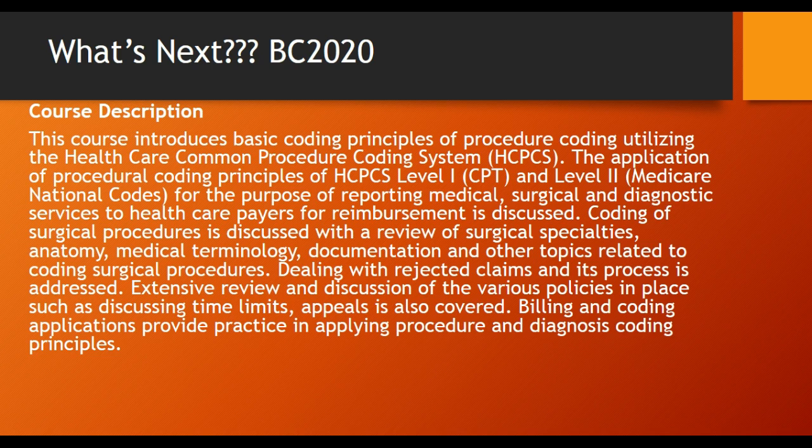You're going to review the specialties, anatomy, medical terminology, reviewing documentation and other topics related to coding surgical procedures. You're going to be dealing with rejected claims and its process, how to get these claims appealed, extensive review and discussions of various policies in place such as time limits, appeals, billing and coding application, and you're going to have some practice, of course.